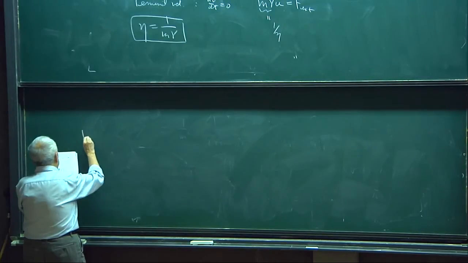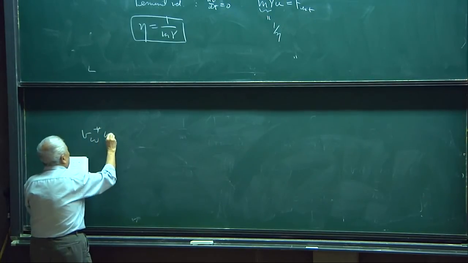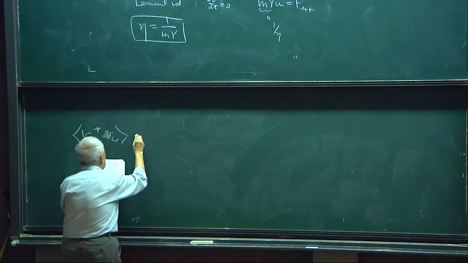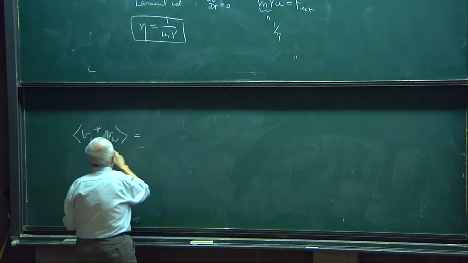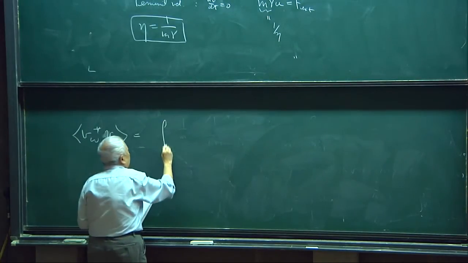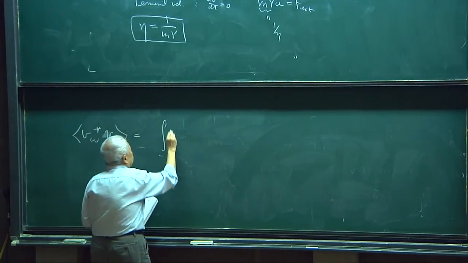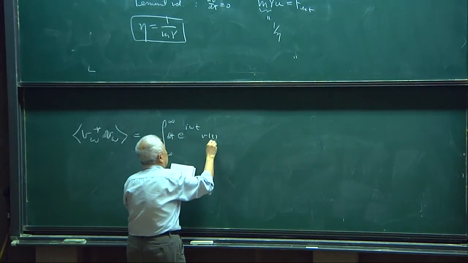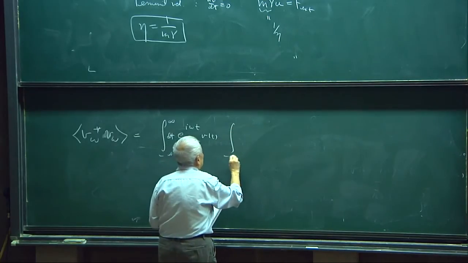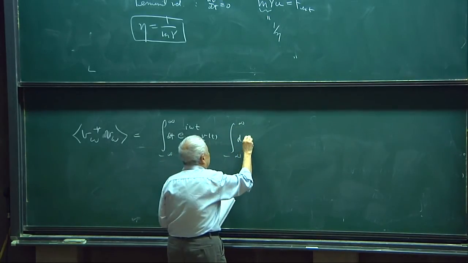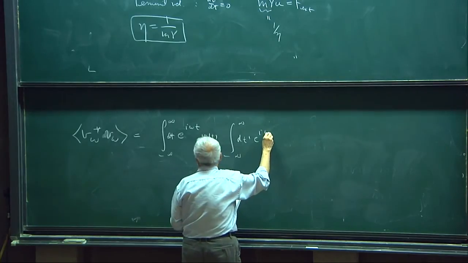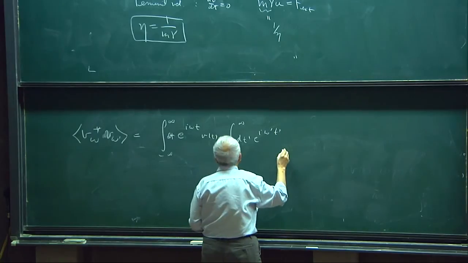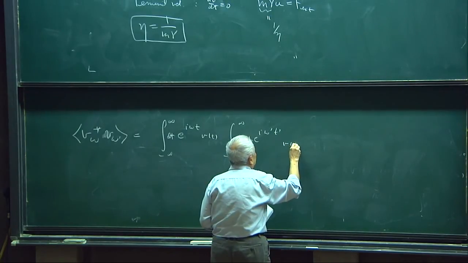Consider the correlation that we have computed. This is equal to the integral dt from minus infinity to plus infinity of e to the I omega t v of t. This is the first term. The second term will be the integral dt prime of e to the minus I omega prime t prime v of t prime, average.